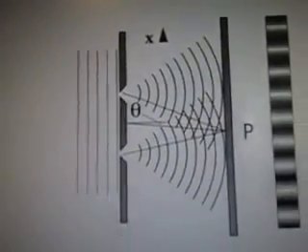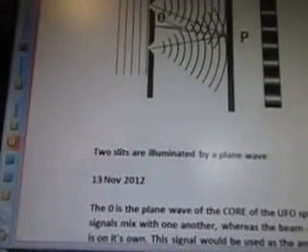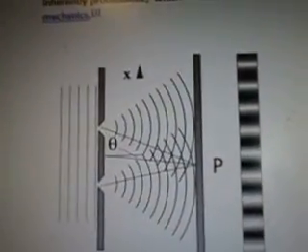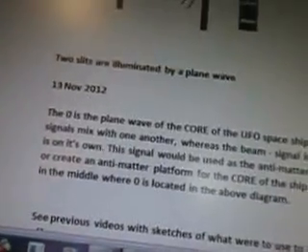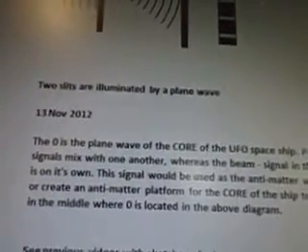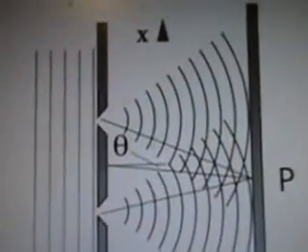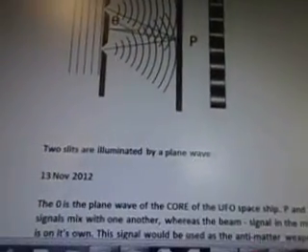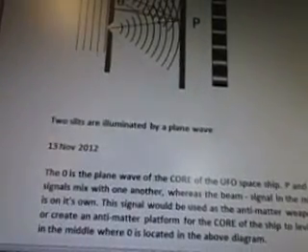So take a look at this graph very carefully. 2 slits are illuminated by a plane wave. So November 13, 2012, the O is the plane wave of the core of the UFO spaceship. P and X signals mix with one another, whereas the beam signal in the middle is on its own.